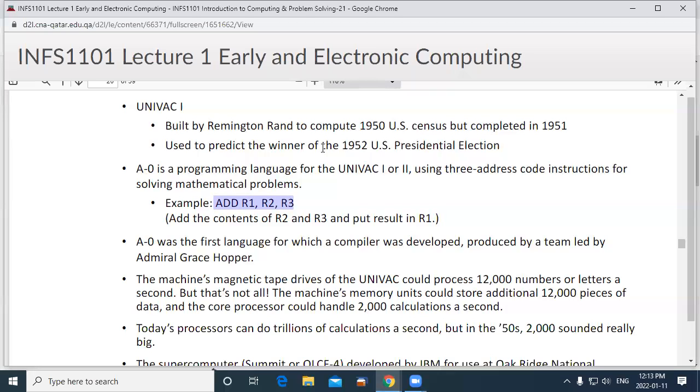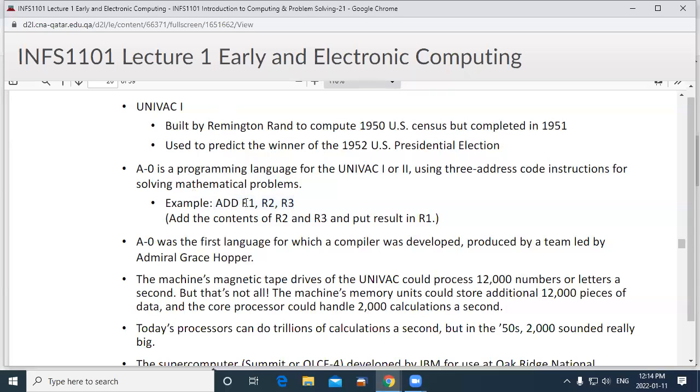So to do programming on the very early computers, you would be doing sort of physical engineering.